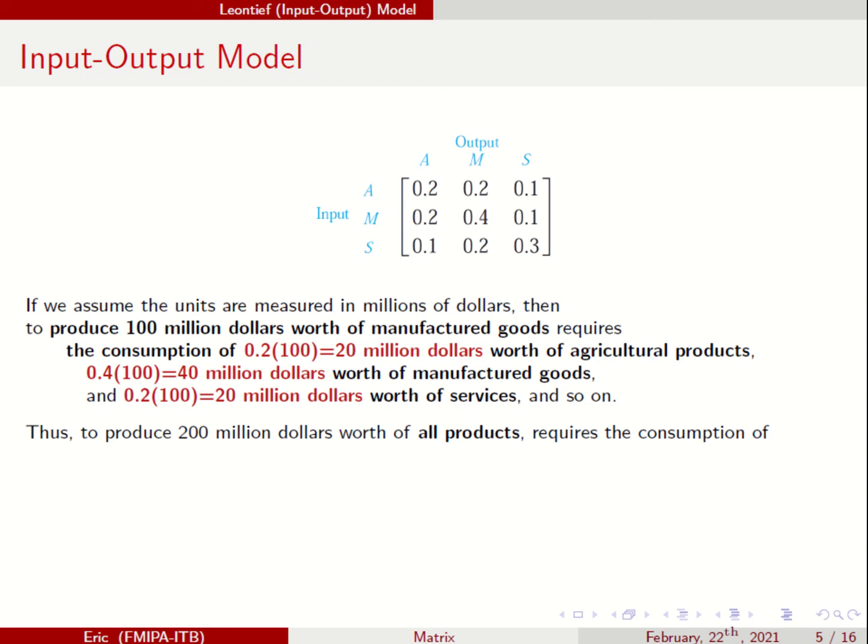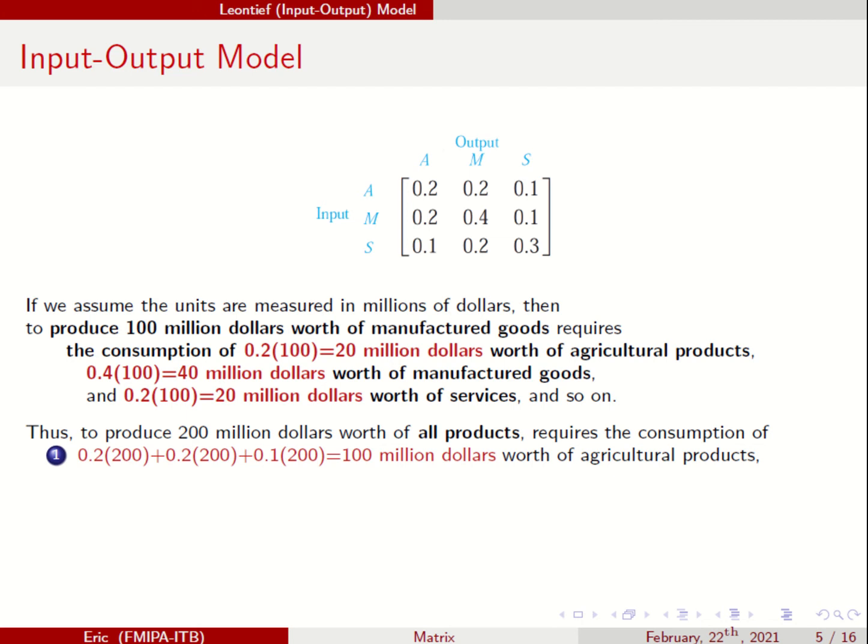The same applies to producing $200 million, so 200 units, because the unit is measured in $1 million. To produce 200 units of A, 200 units of M, and 200 units of S, it needs 0.2 times 100, 0.2 times 100, plus 0.1 times 100.